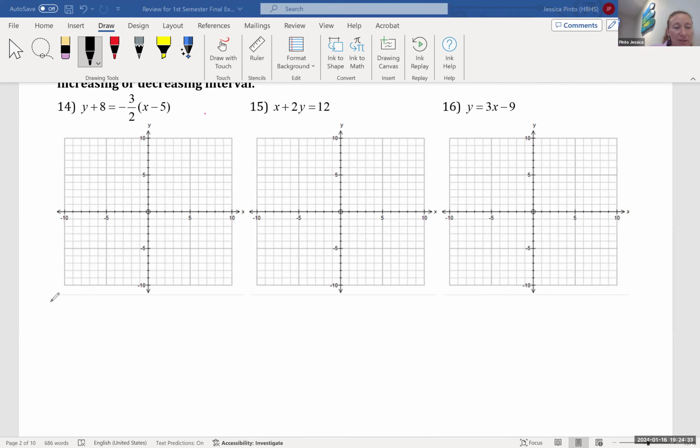So remember the x-intercept is x comma 0, and then the y-intercept is 0 comma y. So the letter that it's asking for is still in the answer. So to find the x-intercept, I plug in 0 for y. So that's going to be 8 is equal to negative 3/2 x minus 5.